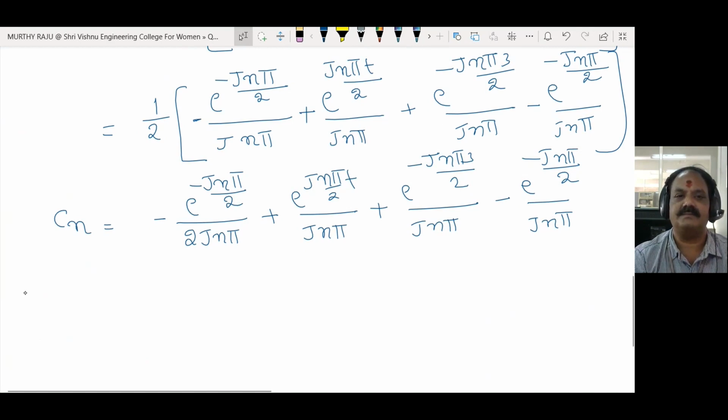C minus n. Suppose C minus n: here n is replaced with minus n.